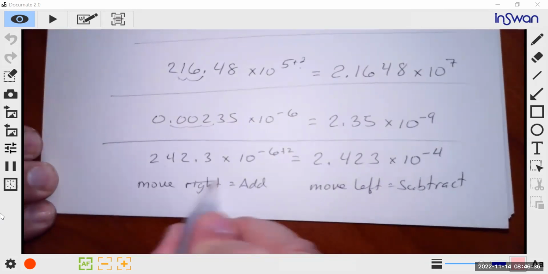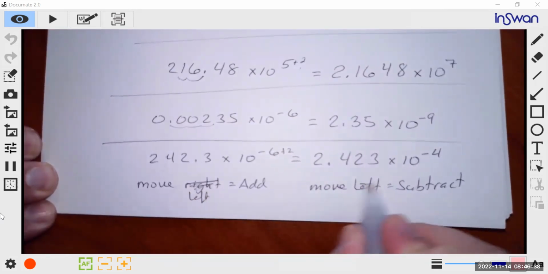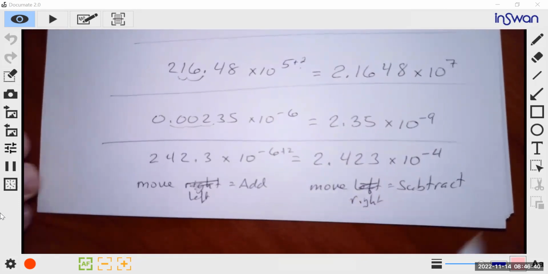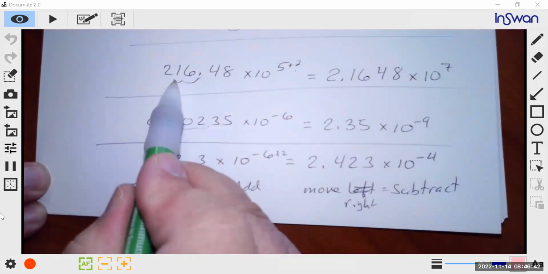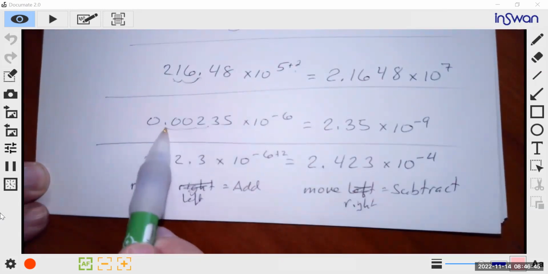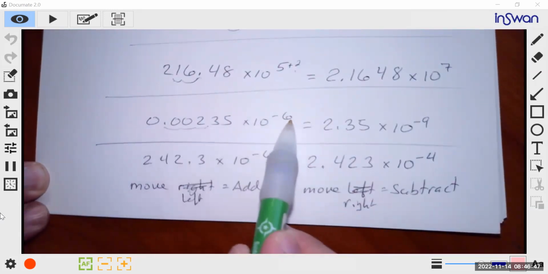I'm talking backwards here: when you move left, you add; move right, subtract. Because here I moved it 2 to the left, so I added 2. If I have to move it to the right, I subtract.